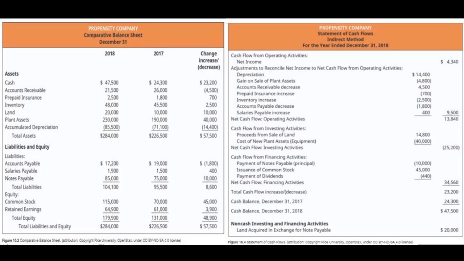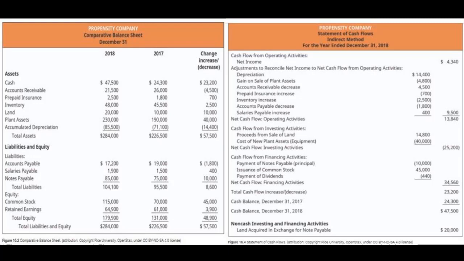The very first number at the top of figure 16.4, 4,340. There's also a number in the financing activities section, payment of dividends, $440.